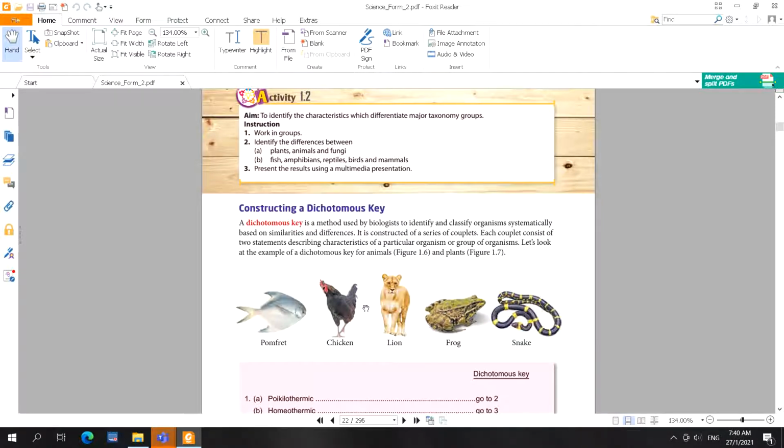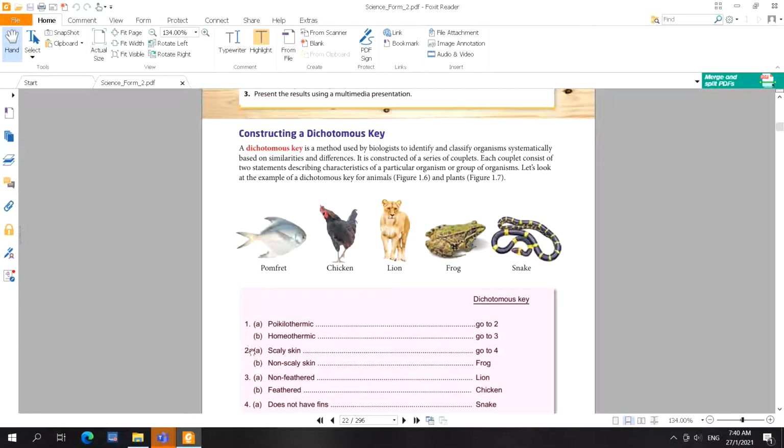It is constructed of a series of couplets, that means couplets 1, 2, 3, 4. Each couplet consists of 2 statements describing characteristics of a particular organism or group of organisms.